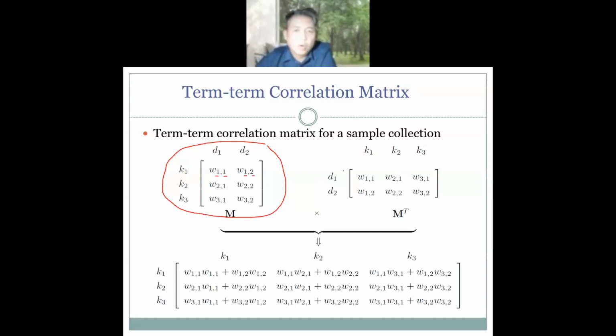Rows become columns and columns become rows. When we multiply these two, we take this one multiplied with this: W11 multiplied with W11, then W12 multiplied with W12, and you add them together. This is the weightage.